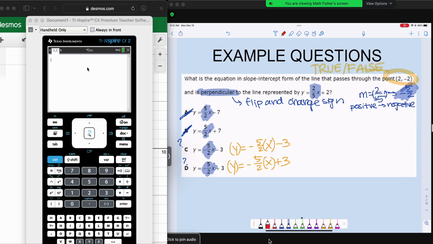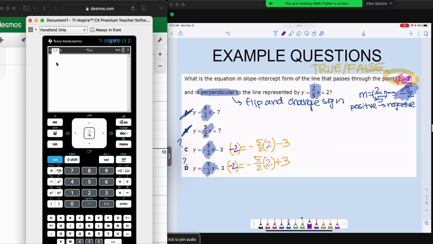Anywhere we see an x, we're going to put a 2. Then anywhere we see a y, we're going to put a negative 2.